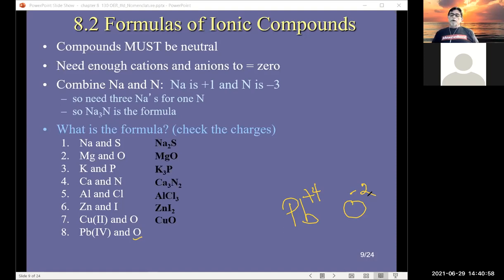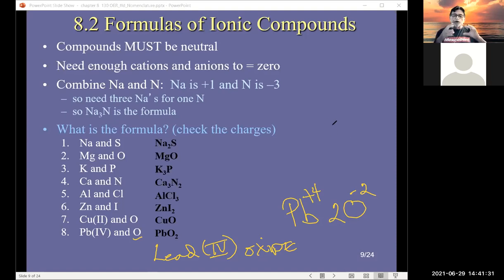So therefore we need 2 oxides per 1 lead ion, okay? And that gives us the formula. And the name would be lead(IV) oxide.